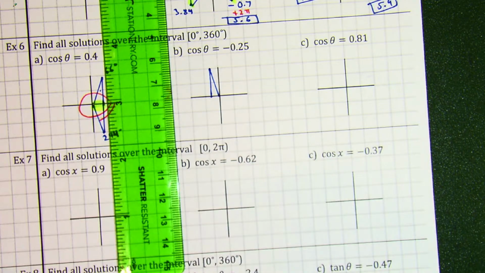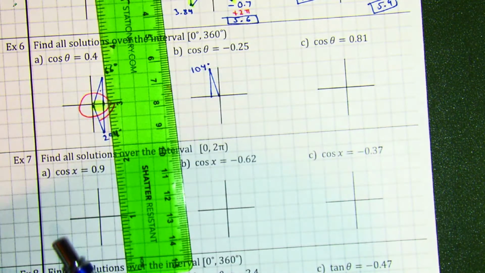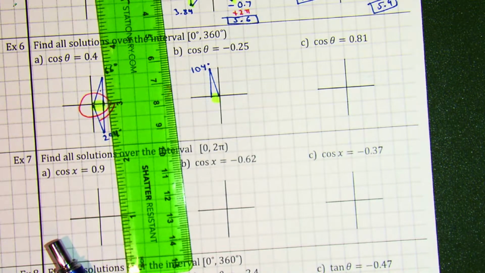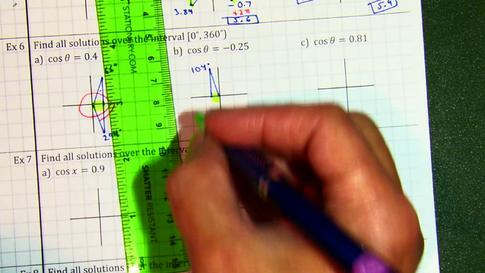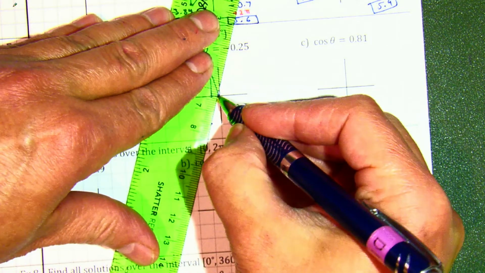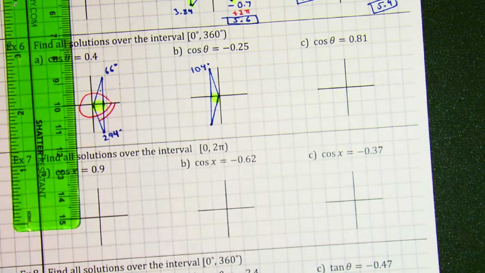And the cosine is your x value. So therefore, there's another angle that has the same x value. Where is it located? It's located down here. But what is the measurement of the angle? How can I find it?